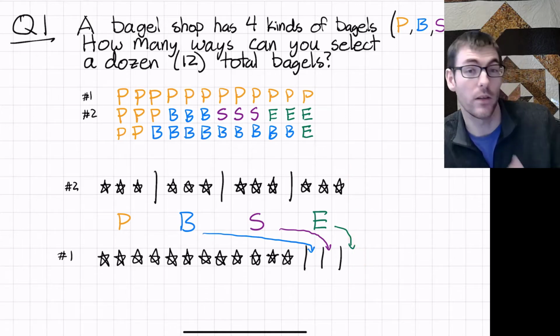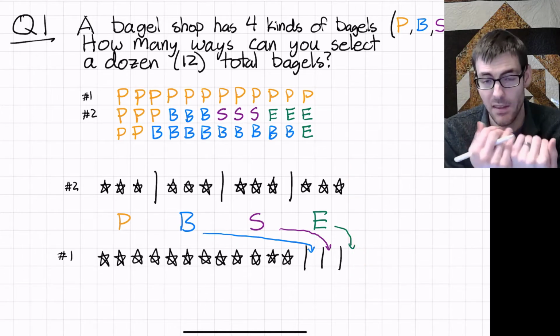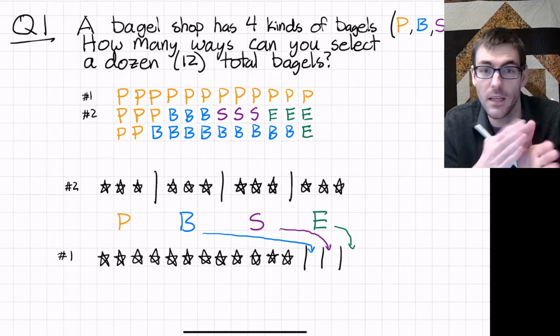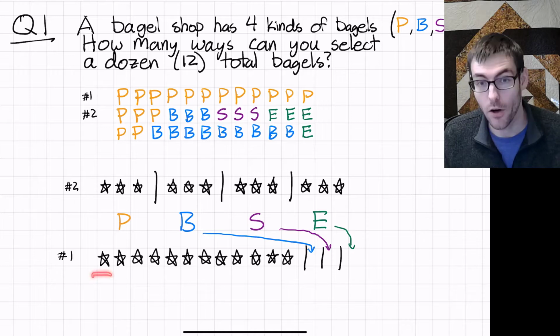So doing what I usually like to do with these, I like to think of a certain number of blanks, a certain number of slots, and then filling each of those slots with either a star or a bar.